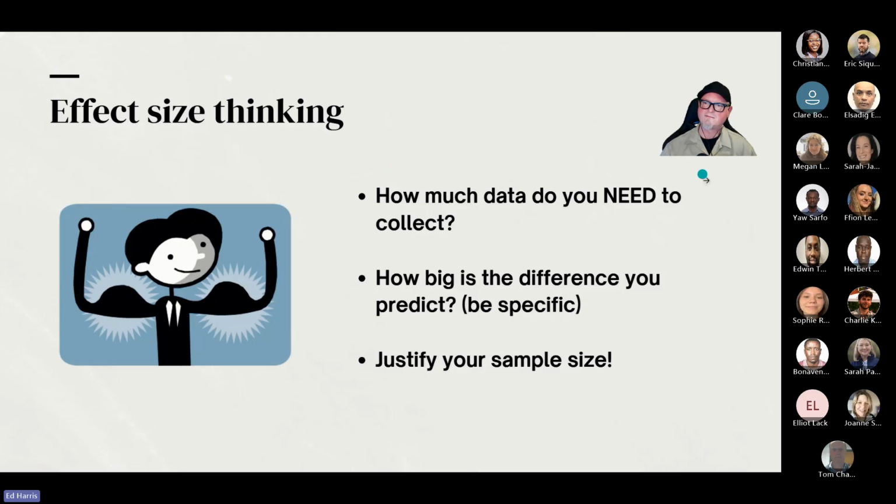And this way of thinking asks the question, before you collect any data, that you should think about exactly how much you need to collect. And you need to think through a few things and have some knowledge. And often there's a learning curve to this. So to be able to answer the question of how much data you need to collect, you need to know something about how big the difference is that you predict.